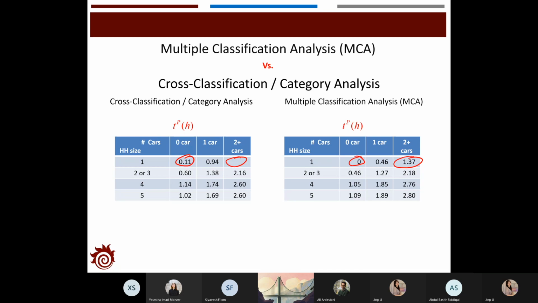Instead, we prefer to apply a regression model to conduct the trip generation. And that's what we're going to cover in the materials for the next lecture after the reading week.